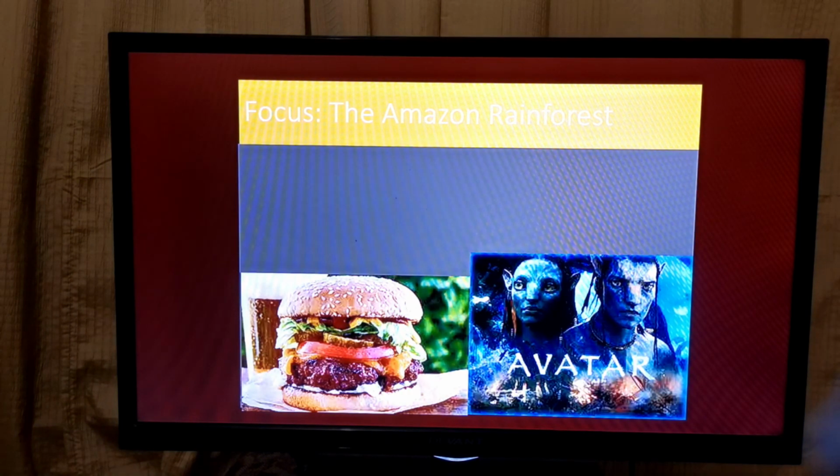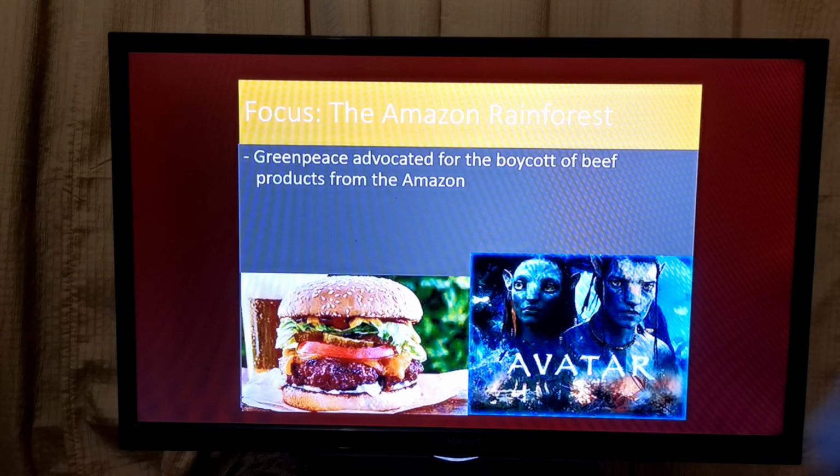So today, or just a few years ago, rather, Greenpeace advocated for the boycott of beef products from the Amazon forest. So you know the brands of fast food serving burgers in North America. I don't want to mention names, but those companies were targeted by Greenpeace.